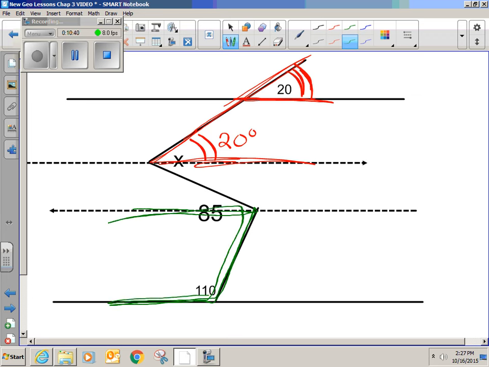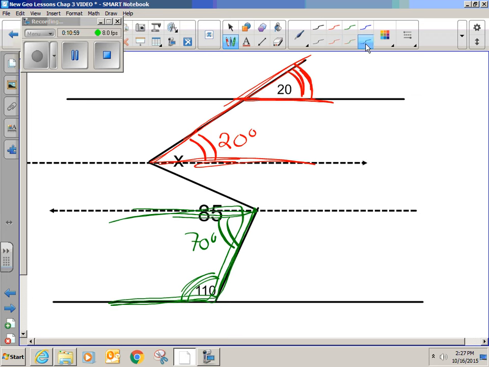C means same side interior angle, so this angle and this angle must be supplementary. Well, if those two angles are supplementary, and this guy down here is 110, this guy right here must be 70, which means that I'm going to do a little bit of math.